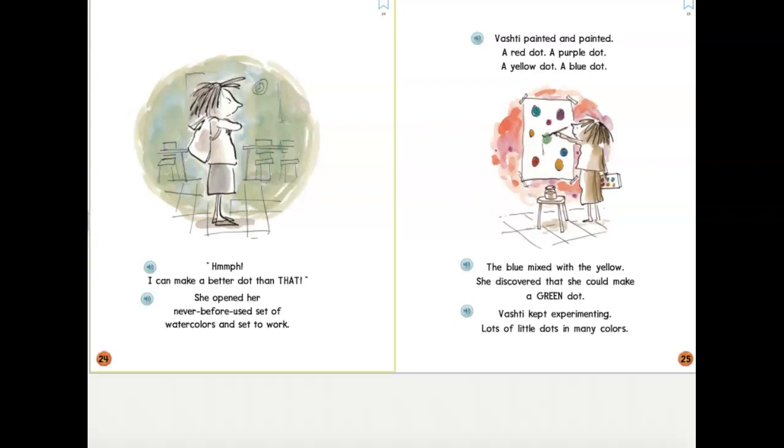Lots of little dots in many colors. With seeing her artwork framed, Vashti said that she could definitely make a better dot than that. It tells us that she used red, purple, yellow, and blue. Do you think that Vashti is enjoying doing her artwork now? Let's keep reading.